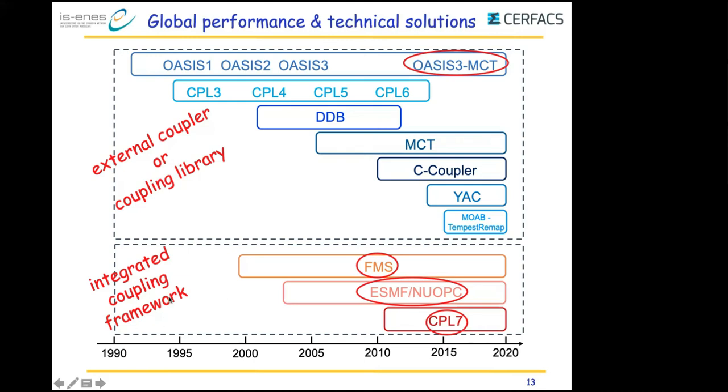In the integrated coupling framework, you rewrite a new integrated code. With the external coupler or coupling library approach, you transform your code as little as possible, and you use an external library. So this is a very different philosophy. Now, in the second part, I will present in more detail a few coupling software.